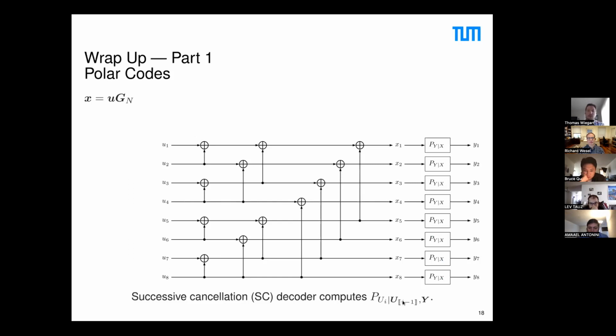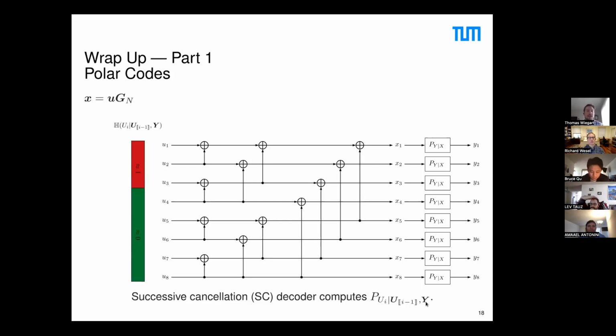Then the code word we denote by X, we transmit it through a channel, and the received word is denoted by Y. And the nice thing about polar codes is you can decode them successively with a successive cancellation decoder. When decoding position i, the decoder computes the probability of bit U_i given all the previous bit decisions and the channel output Y.